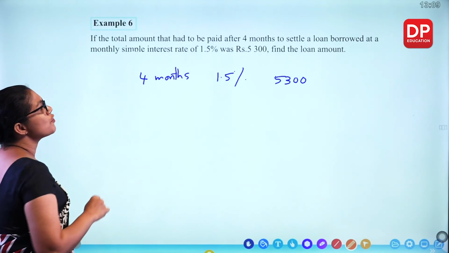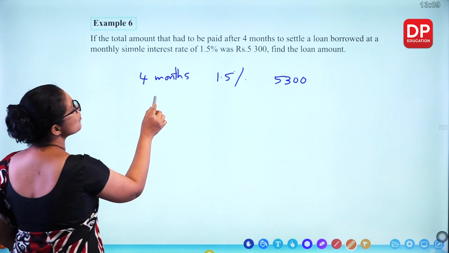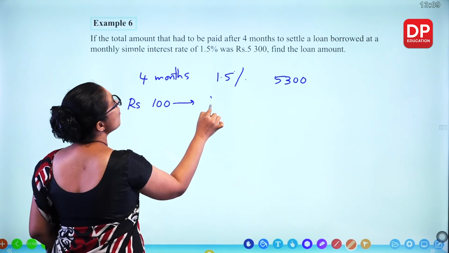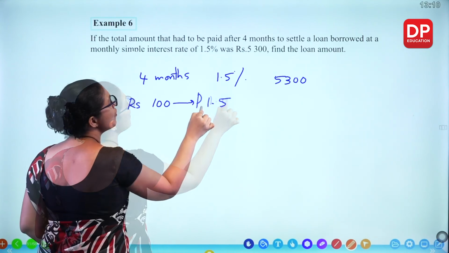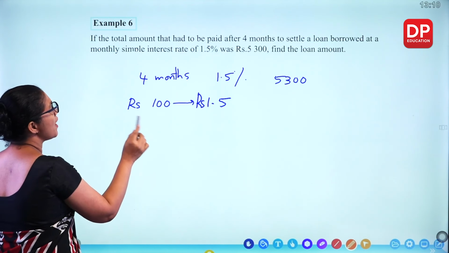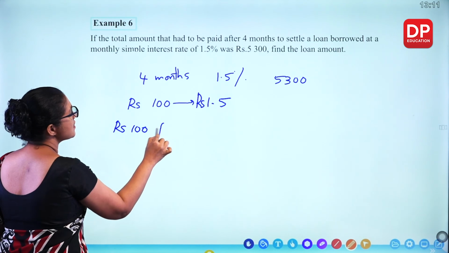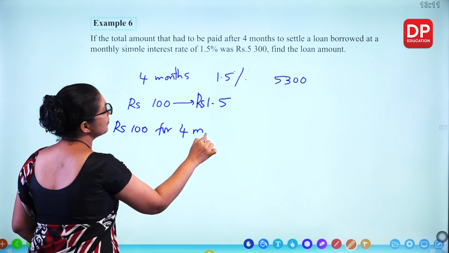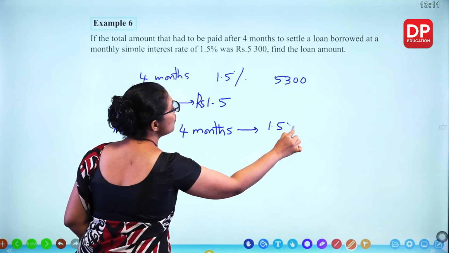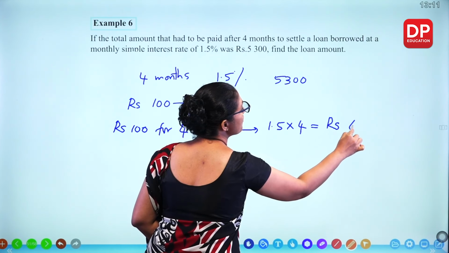For 4 months, you have to multiply by 4. So if 100 rupees is borrowed, you have to pay 1.5 rupees for 100 rupees. And for 100 rupees for 4 months, what's the interest? 1.5 into 4. You get 6 rupees.